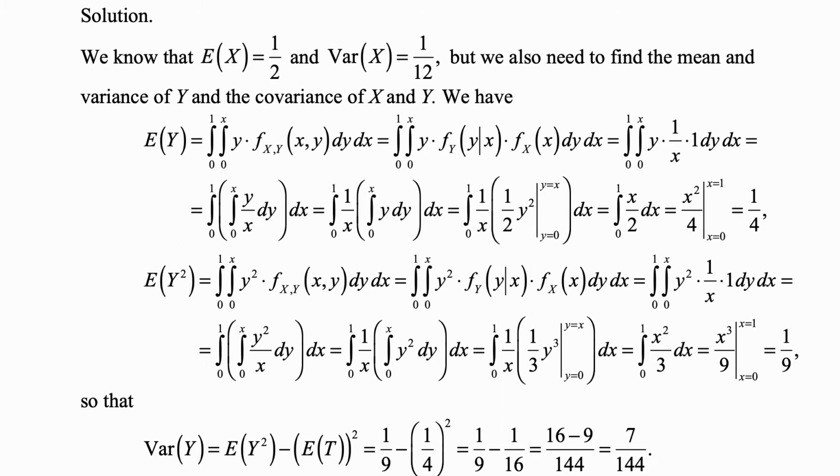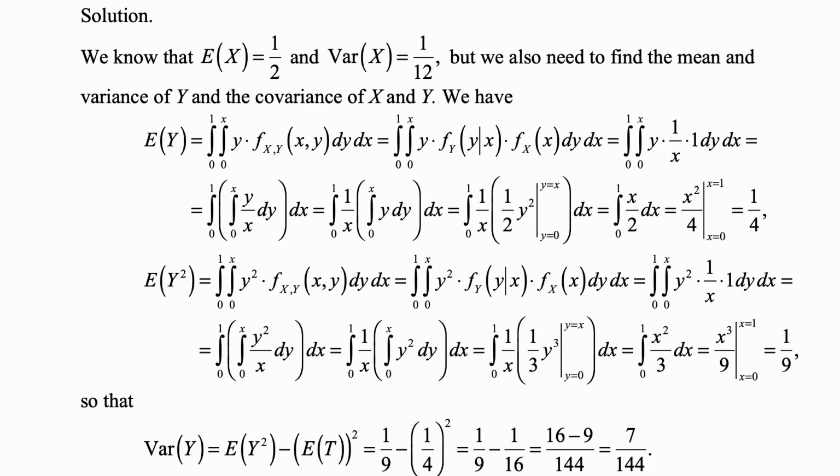The conditional density of y given x is 1 over x, because it's uniform distribution from 0 to x. And f sub x of x is 1, because it's uniform distribution from 0 to 1. So that's equal to the integral from 0 to 1 of the integral from 0 to x of y over x dy dx.